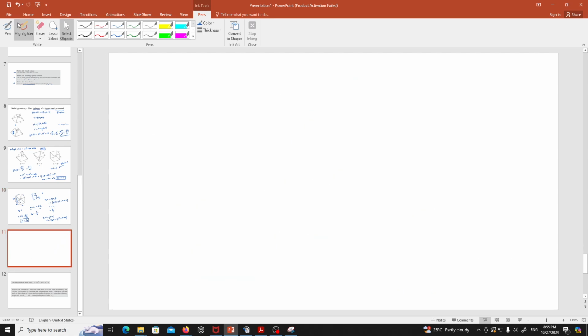Let me rewrite that result. What we have got is g of a comma b is equal to 1 by 3 a square plus 1 by 3 b square plus gamma ab.